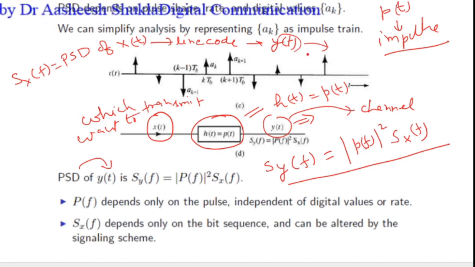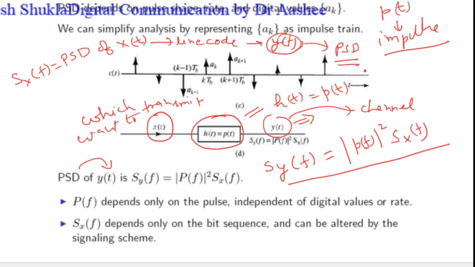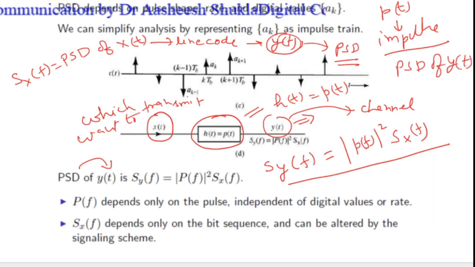Ultimately, after applying a successful line code and converting x(t) to y(t), we have to see what the power spectral density of y(t) is. We should calculate it.